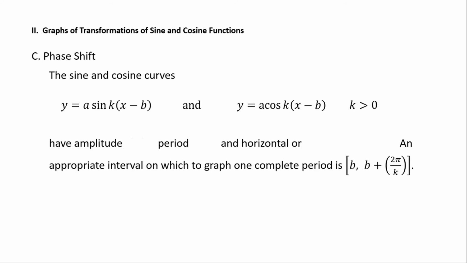The sine and cosine curves given by y equals a times the sine of k times the quantity x minus b and y equals a times the cosine of k times the quantity x minus b for k strictly positive have amplitude absolute value of a, period 2 pi over k, and horizontal or phase shift b. An appropriate interval on which to graph one complete period is bracket b, comma, b plus the quantity 2 pi over k, bracket.